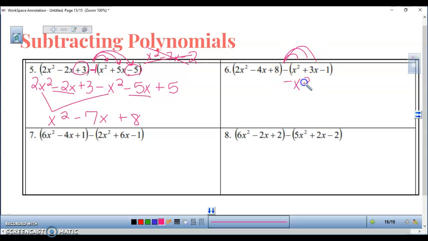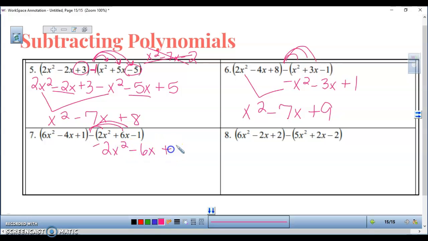Negative x squared minus 3x plus 1. Combine your like terms. Gives you x squared minus 7x plus 9. Distribute the negative. Negative 2x squared minus 6x plus 1.